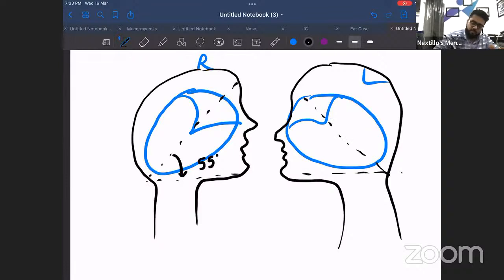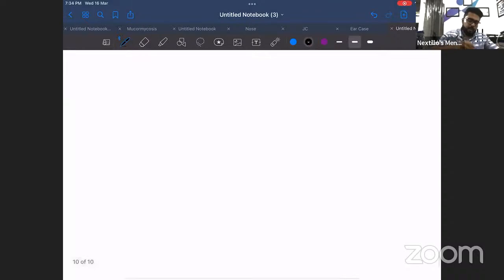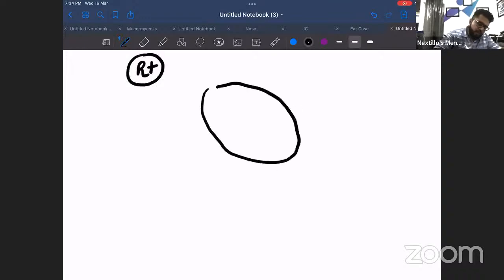So this becomes important even in exams, even for your MBBS exams. This is important because sometimes people will draw the tympanic membrane in the wrong direction. Sometimes you are asked a question, draw a completely labeled diagram of the tympanic membrane, and suppose they have asked, draw a completely labeled diagram of the right tympanic membrane. You draw it perfectly, you label all the parts, but you end up drawing it like this.